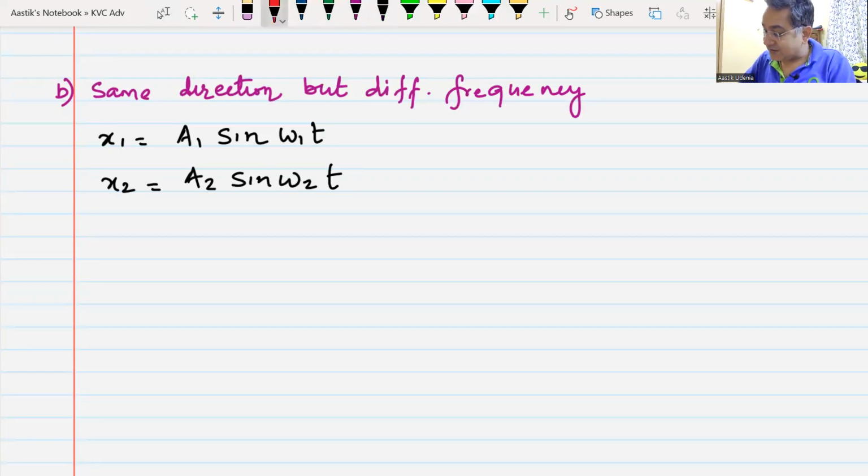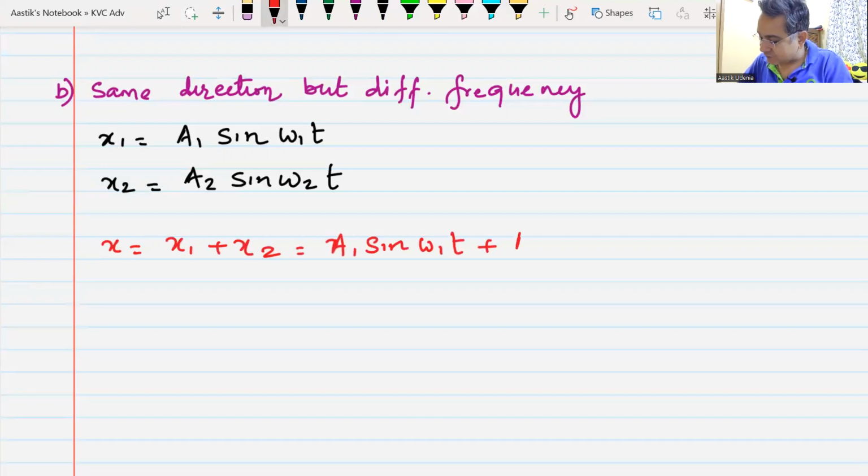So if I add these two, x1 plus x2, there is no simple way of doing it. It will be complicated maths, and this is a class of physics, not a class of maths.